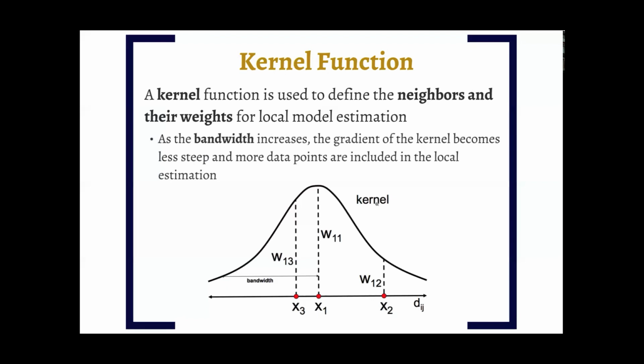And essentially, if you're increasing your bandwidth, you're also generating a more flattened curve, which means there isn't much difference between the weights. So the difference between nearby features versus distant features can be less significant compared to a shorter bandwidth. But that's something we don't really have to consider, because when you run the GWR, there are usually some predefined options for you.